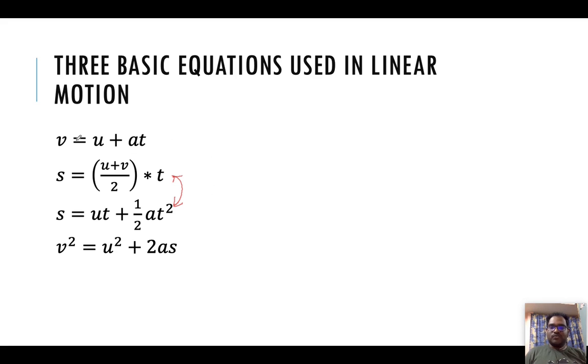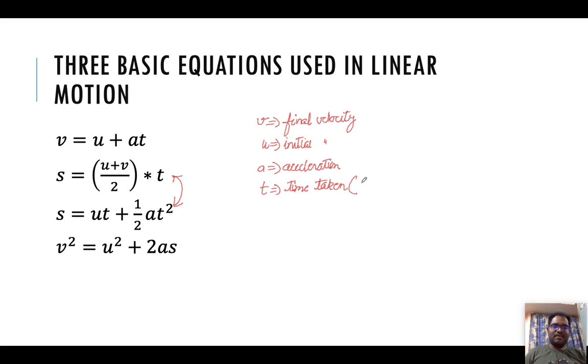Okay, so the first one is V is equal to U plus AT, which means V corresponds to the final velocity, and obviously you know that U corresponds to the initial velocity, A corresponds to the acceleration of the body, and T corresponds to the time taken.